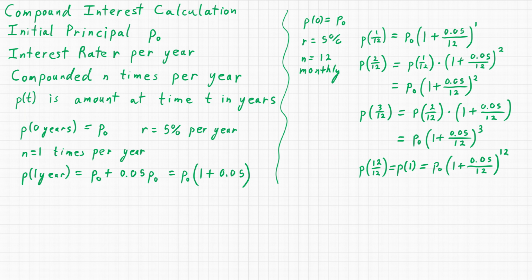Well, now what if we want to write the formula in general? So let me just draw that line. So what if I just have P of 0 equals P naught, and I have a rate r, and I have an n, and that's it.